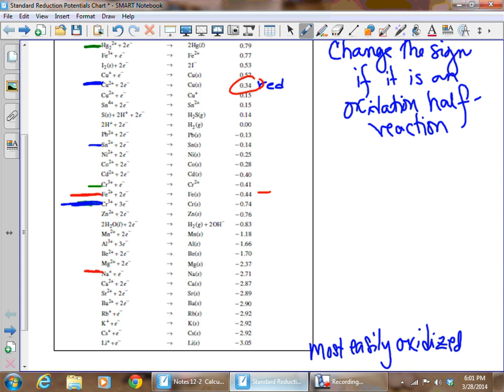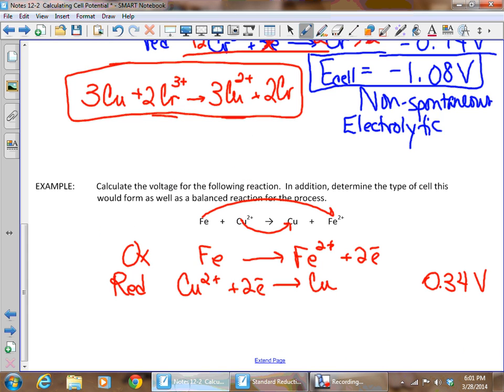We've got a negative 0.44. Now remember, if it's a negative 0.44, we need to change that sign since it's reduction here, and we're talking about iron oxidizing in our problem, to positive 0.44. So both of these are positive. Therefore, our answer to this problem is going to be a positive 0.78 for the cell potential.